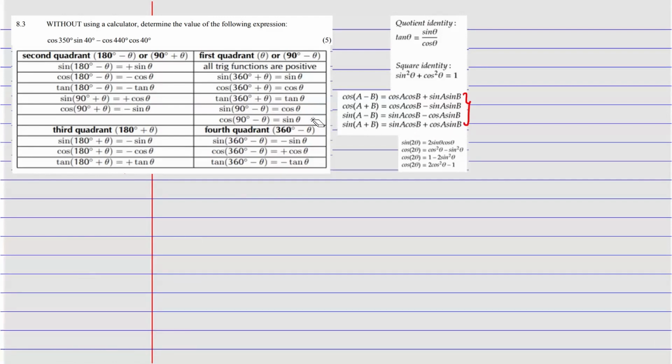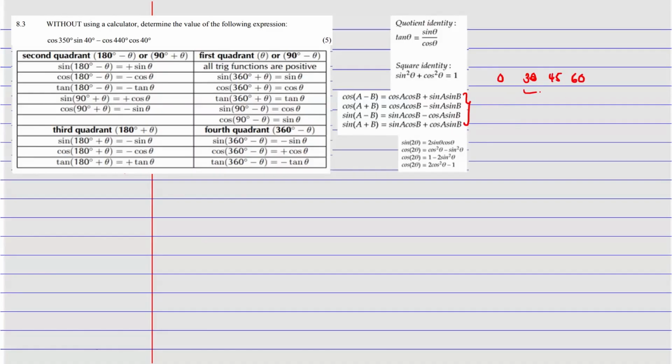Yes, ma'am. So they say without using a calculator, determine the value of the expression. When they say without the use of a calculator, and they give you variables, just know that you need to use your special angles. What are your special angles? It's 30, 45, and 60.